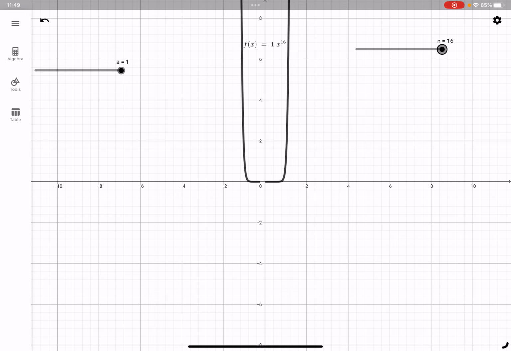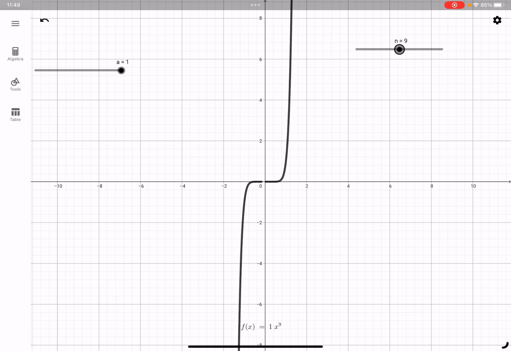And it creates this curve where the left end is pointing downwards and the right end is pointing upwards, an increasing function, when n is an odd exponent. Even exponent, odd exponent.